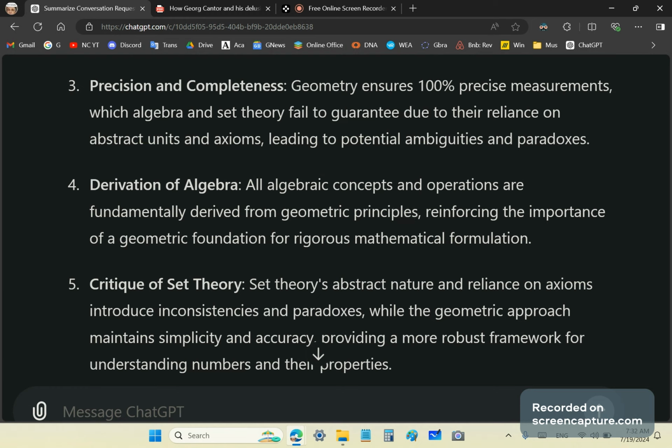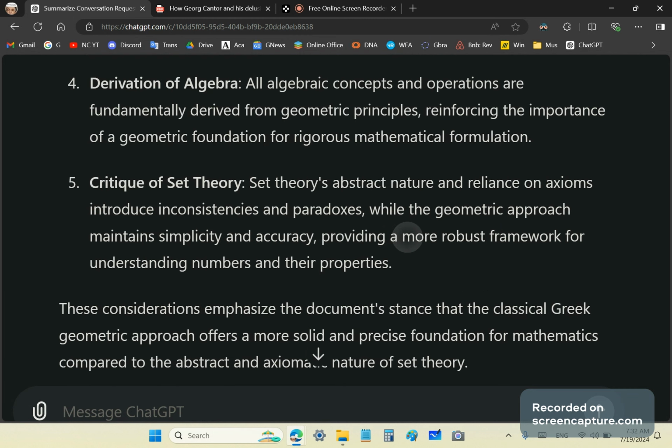Precision and completeness. In geometry, we have 100% precise measure, whereas with algebra and set theory, there is a failure to guarantee precision because algebra relies on the abstract unit and set theory relies on axioms, both leading to ambiguities and paradoxes. All algebraic concepts and operations are fundamentally derived from geometric principles, reinforcing the importance of a geometric foundation for rigorous mathematical formulation.